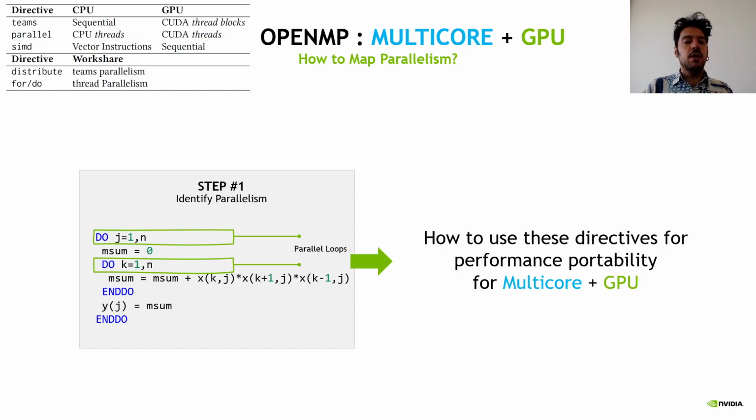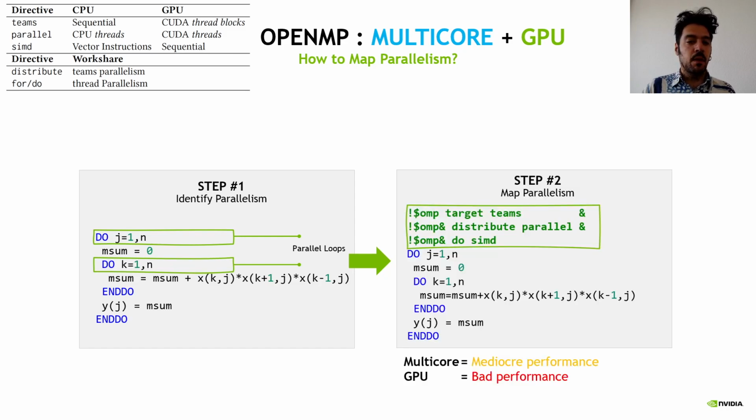Now, the big question for an OpenMP programmer is how to use these directives to map parallelism. I will demonstrate this issue with the code on the screen. First, I am going to start by naively putting all of these new directives on the outer loop, just like parallel do. Okay, here is my mapping. Now let's stop a minute and think: how does this code map to the architecture, considering performance?